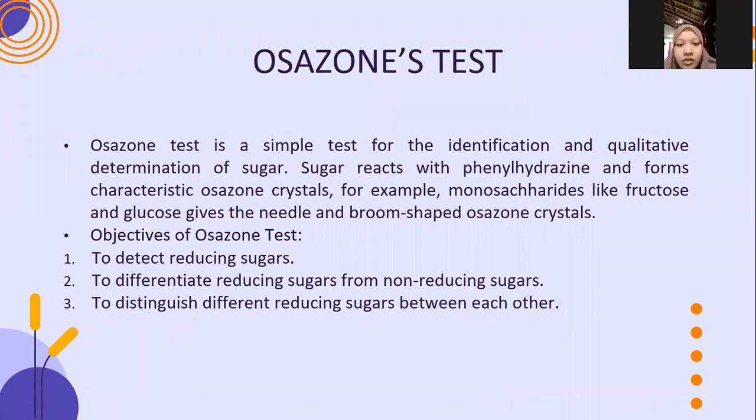Objective of osazone. Number 1, to detect reducing sugar. Number 2, to differentiate reducing sugar from non-reducing sugar.